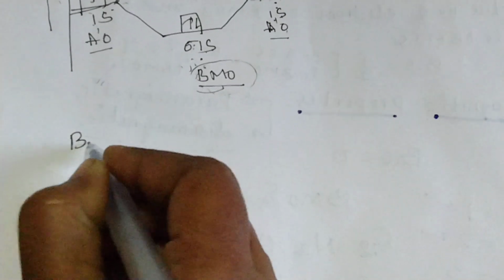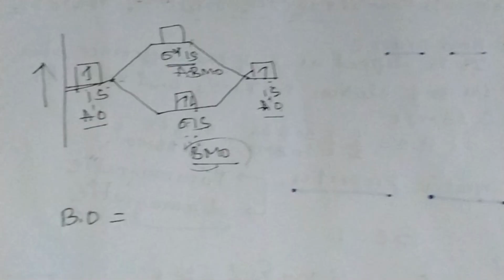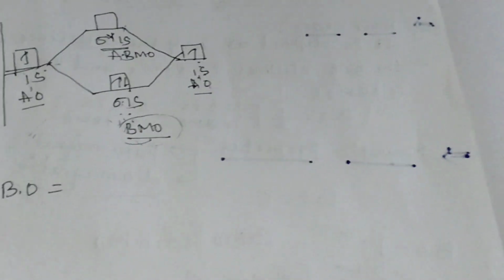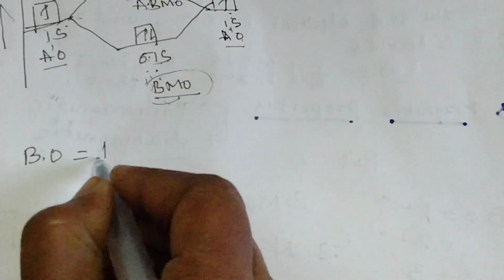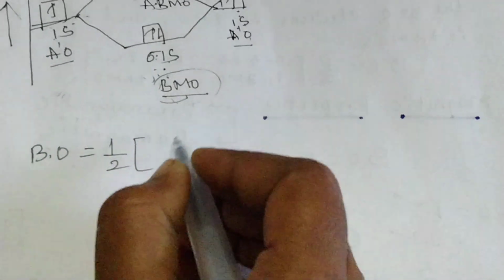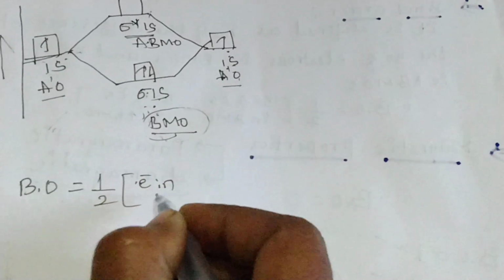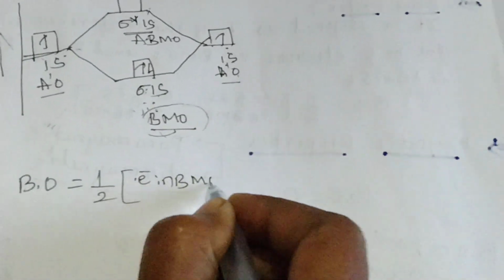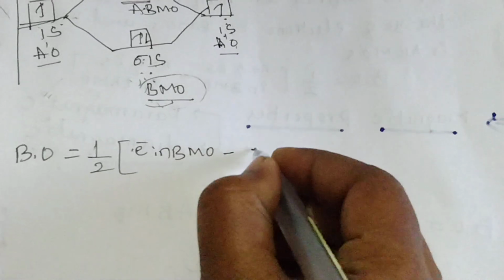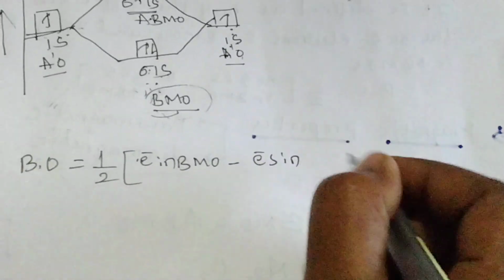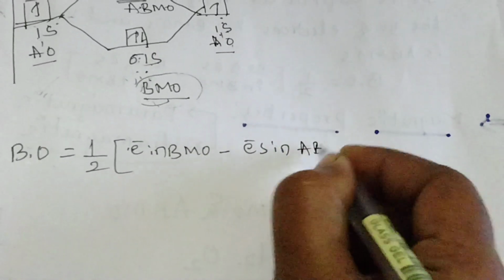Now let us calculate the bond order. By definition, bond order means half of the difference between the number of electrons in BMO and the number of electrons in ABMO.